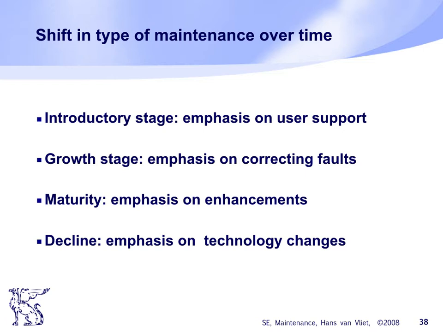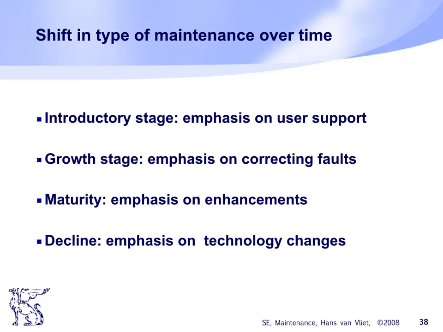Another way to look at the distribution of maintenance cost and prevailing types of maintenance task is along the time dimension. So here we have four stages: introductory stage, growth stage, maturity, and decline. During the introductory stage of a new system, most of the effort is actually spent on user support.